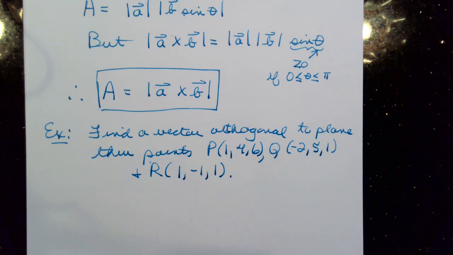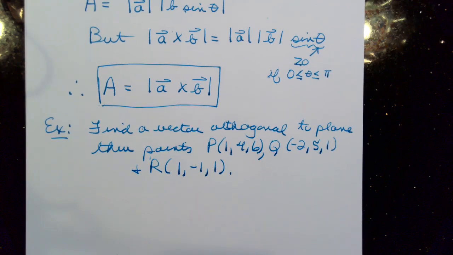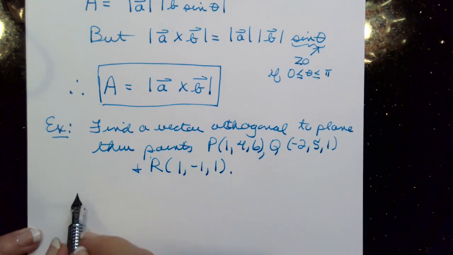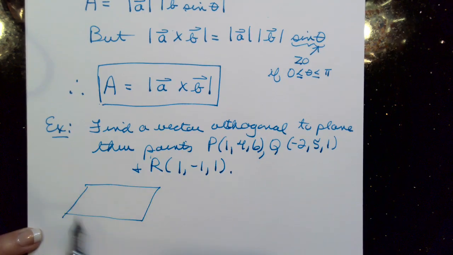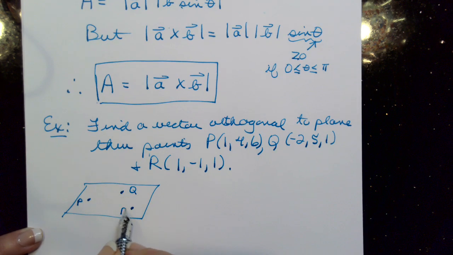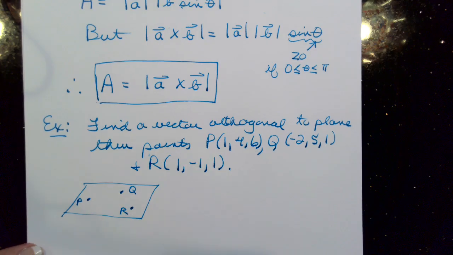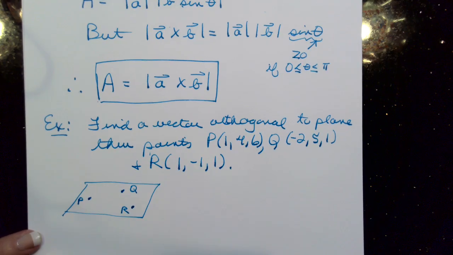Okay. So in my poor artistry again, we have a plane sitting somewhere, and we have 3 points in it. Say it's P and Q and R. And you want a vector that's orthogonal to that plane. The orthogonality should ring a bell in your head right away and say, oh, I probably have to do something with the cross product because that gives me something orthogonal.